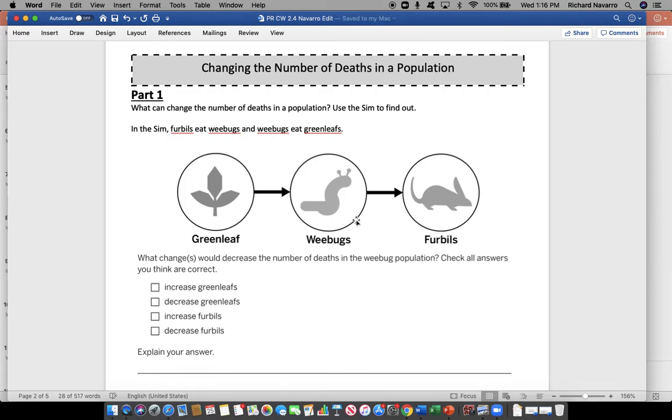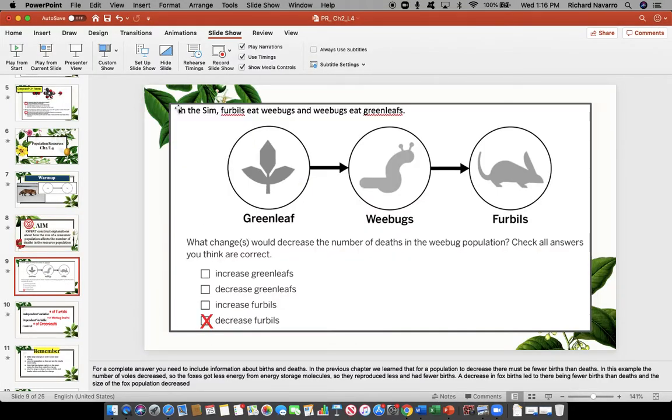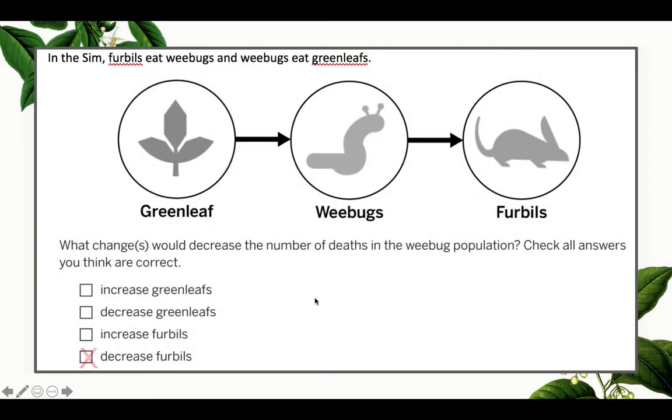So one way that we could decrease the number of deaths in the wee bug population would be to decrease the number of furbles. The fewer furbles that are present, the fewer wee bugs would be killed by furbles.